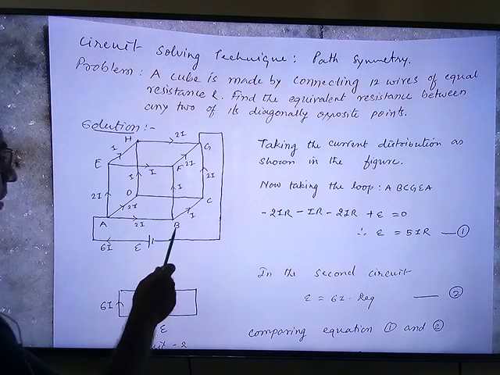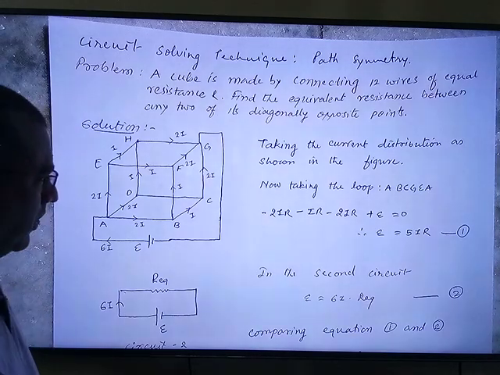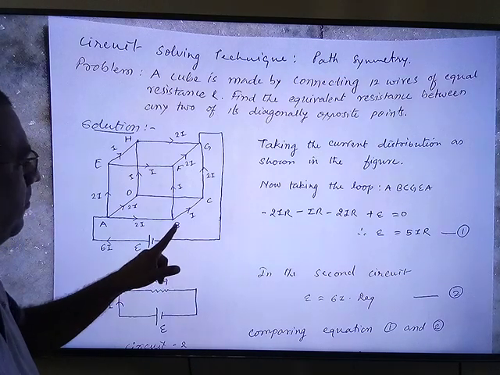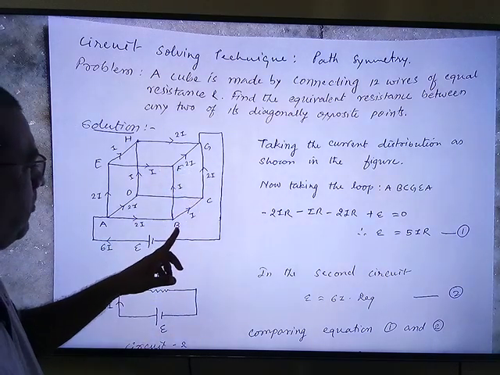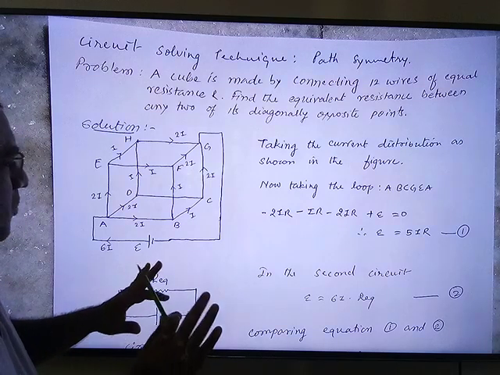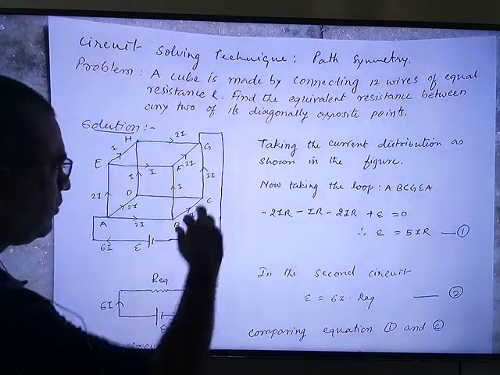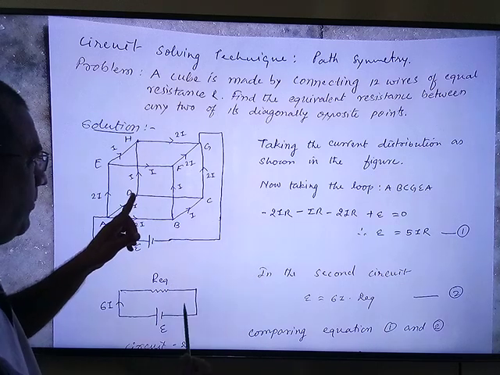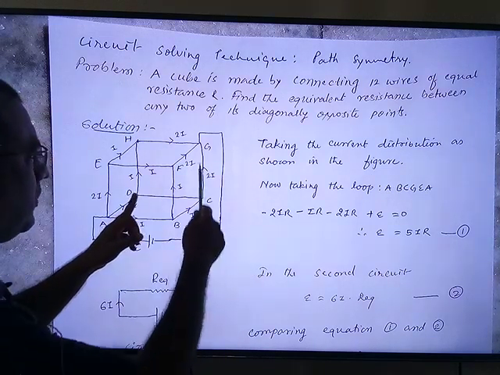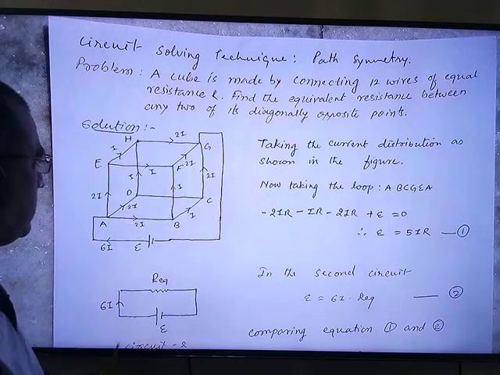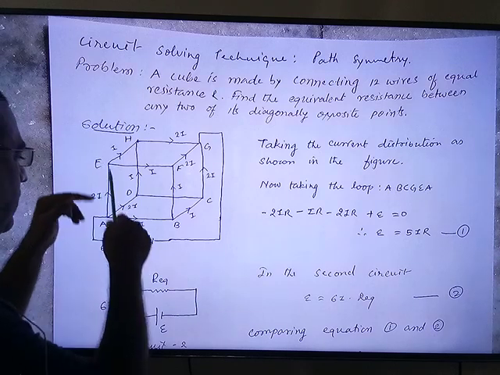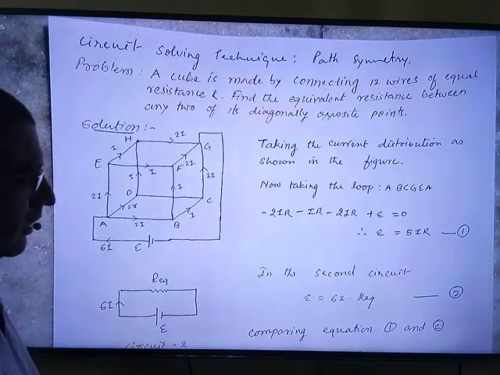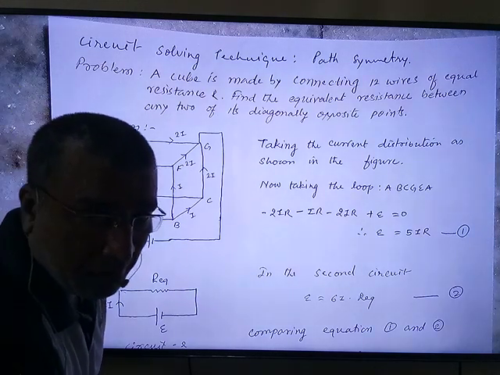After this current reaches points B, D and E, check that to reach point G, there are only 2 shortest possible paths, like from B to C to G, from B to F to G. The shortest path involves only passing through 2 resistances, like from A to D, and from D to G, and likewise from E, after current has reached E, the shortest path involves again 2 resistances, and therefore this is a question of path symmetry.